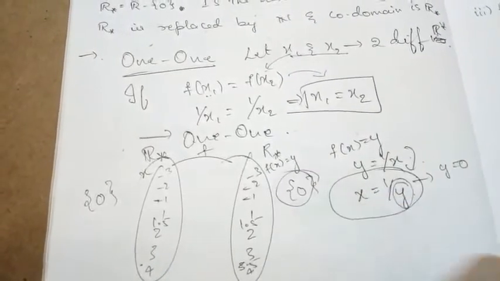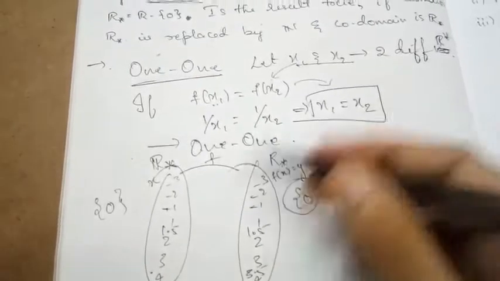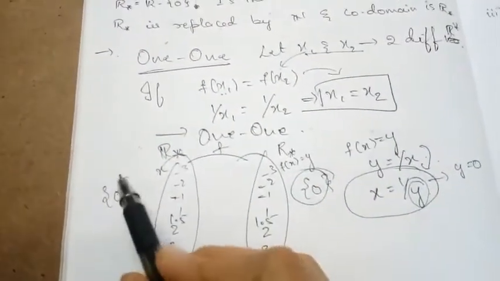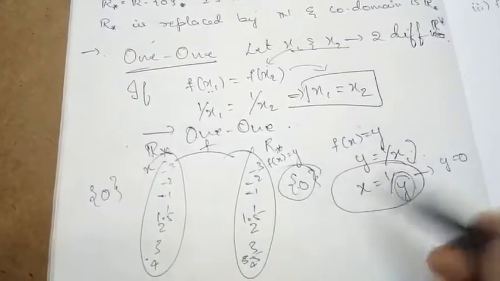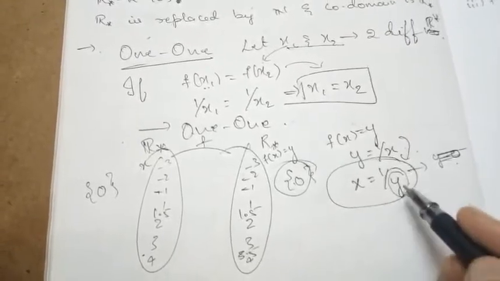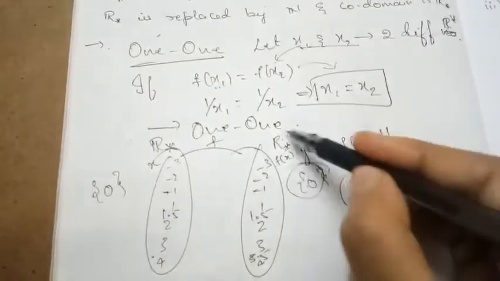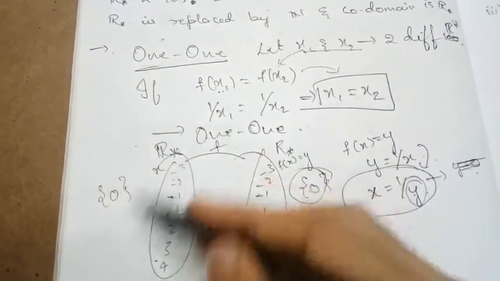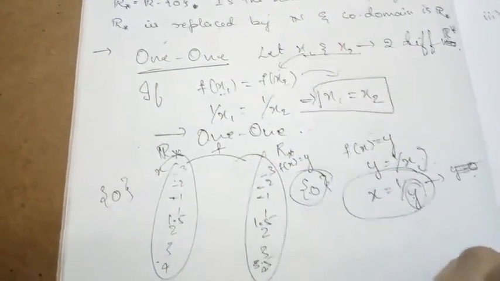That's why they have removed that 0 from the codomain as well as from the domain. When y is 0, the function is not defined, so it is excluded. Other than 0, if you take any real number from the codomain, you are going to get one or the other real number from the domain.